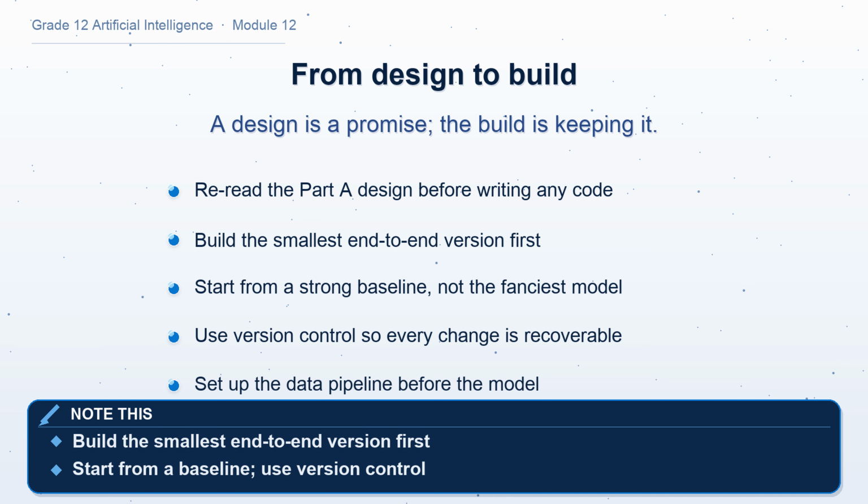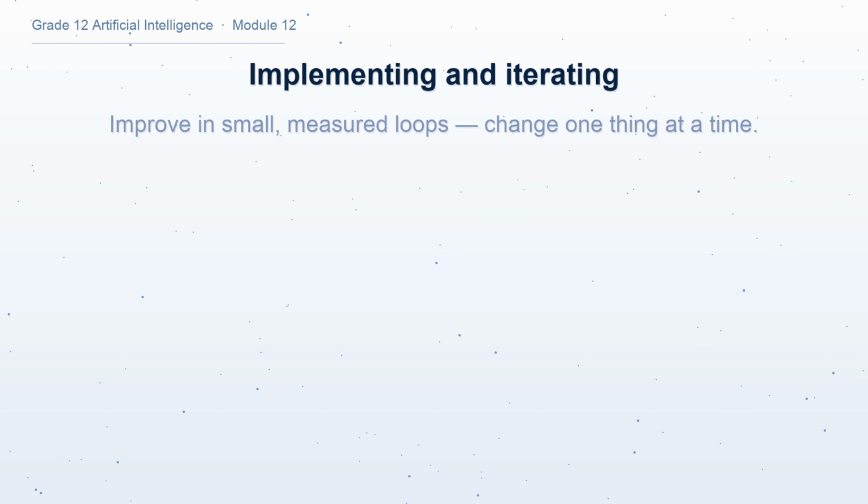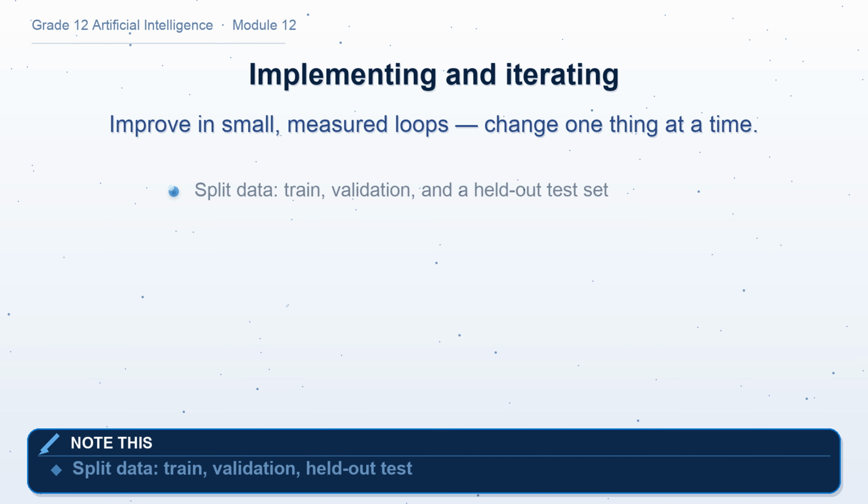With a skeleton running, the real work is to improve it. Good implementation is a loop, not a single leap. First, split your data into 3 parts: a training set to learn from, a validation set to tune on, and a test set you lock away until the very end. Track every experiment.